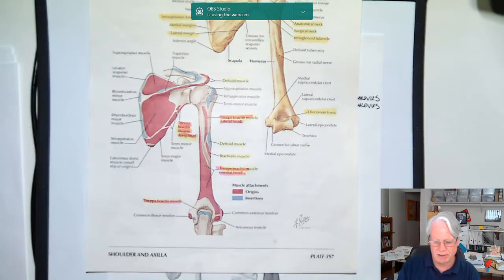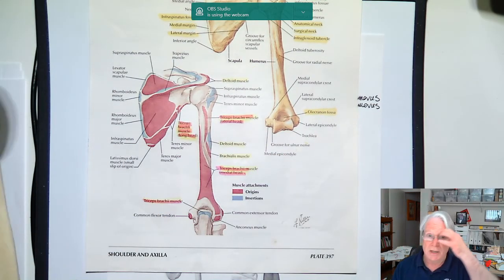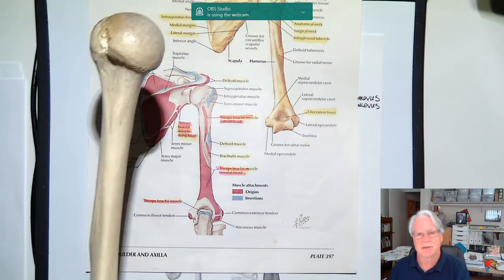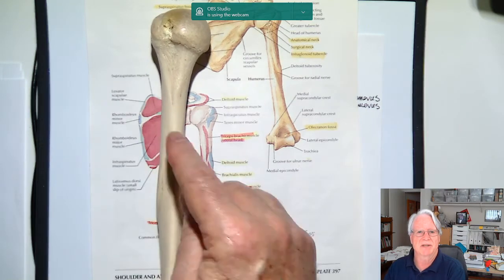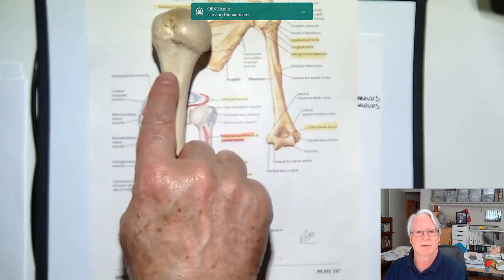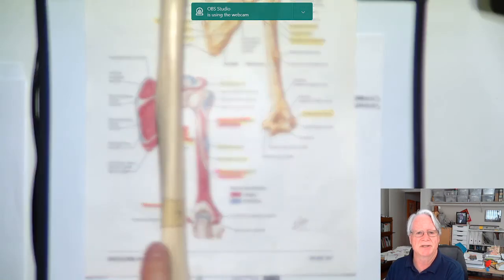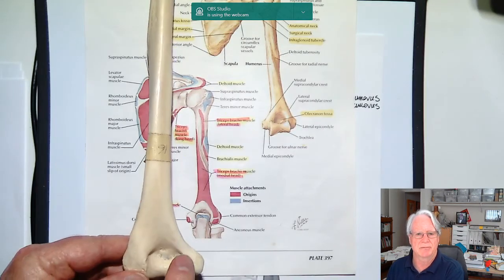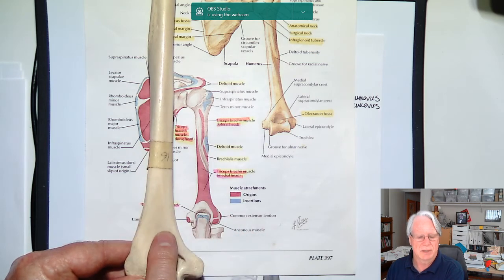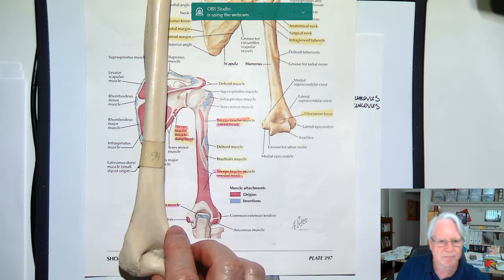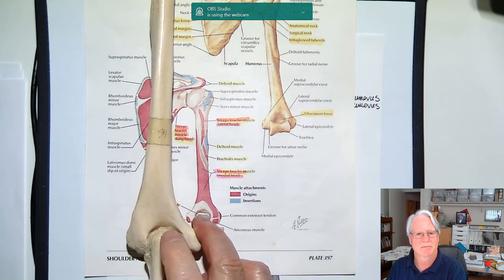The rest of it will be on the posterior surface of the bone. So basically somewhere along here, and then all of this surface here, and then the olecranon right there.